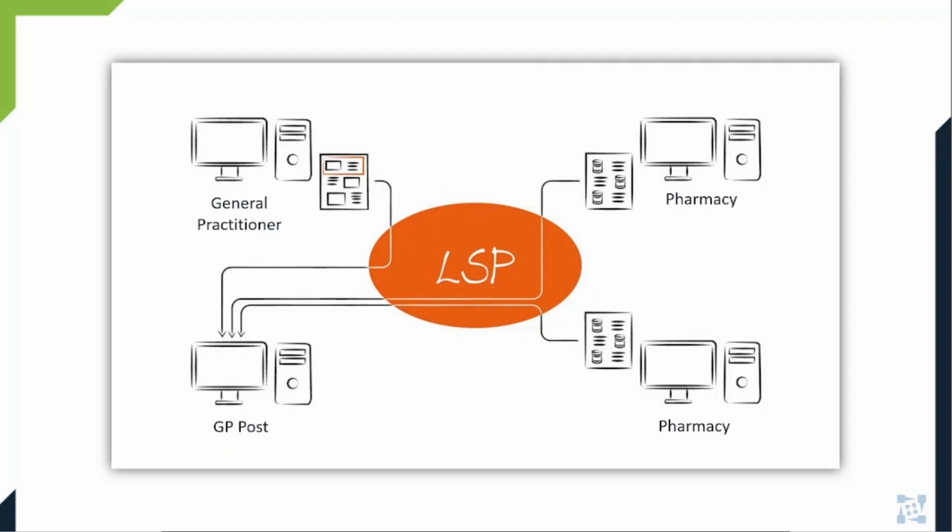Now, better care is not only good for you, but also for the wallet of all these insurance companies and whatnot. So they created this network node and allowed all of these different parties to connect over that network.